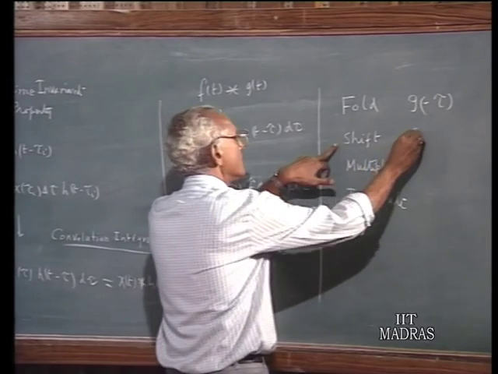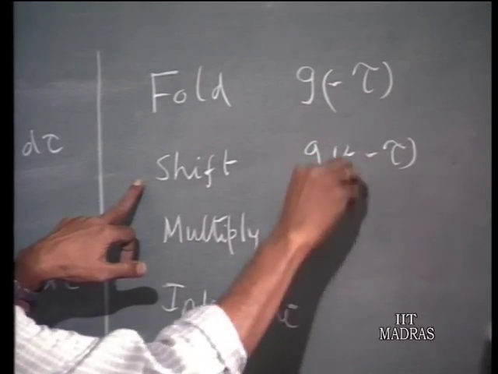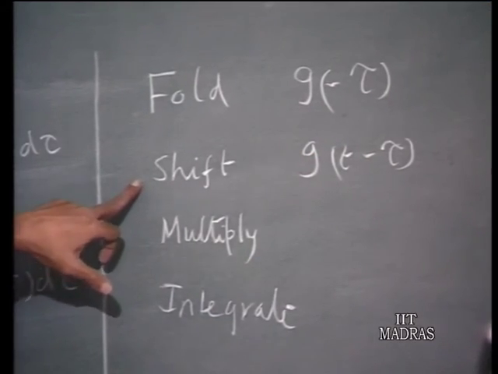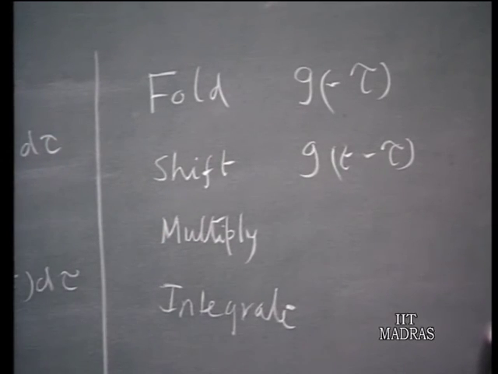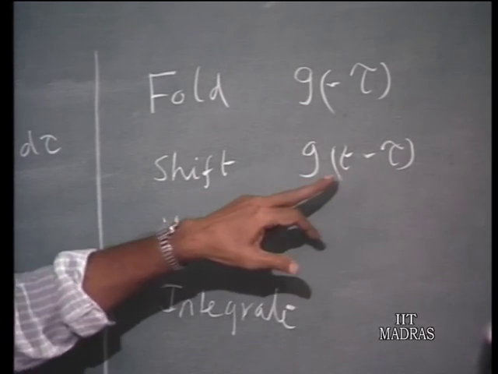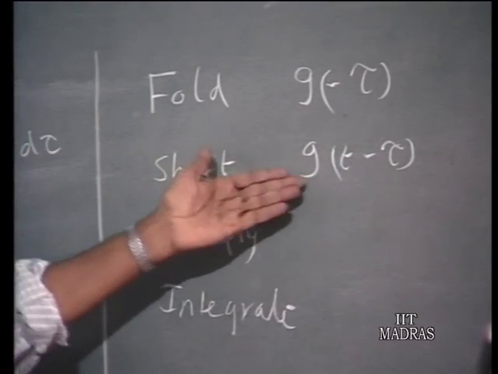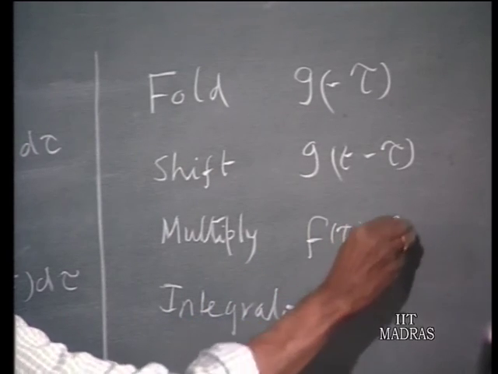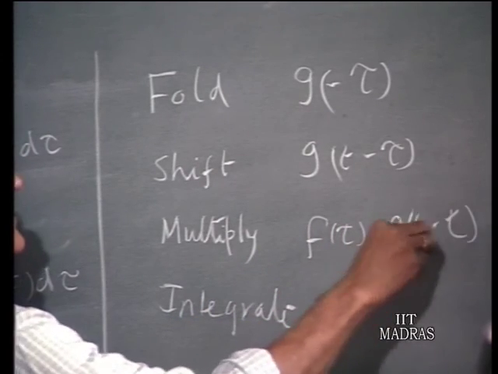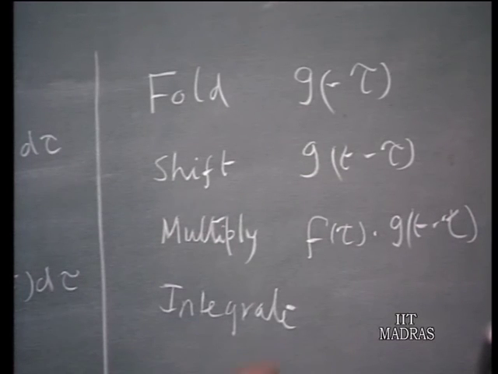Shift it, so g(t minus tau), you shift it by the amount at which you want to calculate the integral. At t equals T1, if you want to find out the product at T1, you fold it, you shift it by that amount T1. In general, g(t minus tau). Multiply, so f(tau) is multiplied by g(t minus tau), and then integrate, that means you find out the area under this curve.